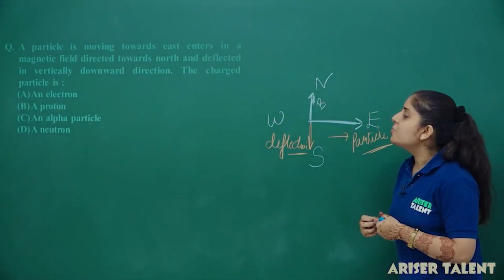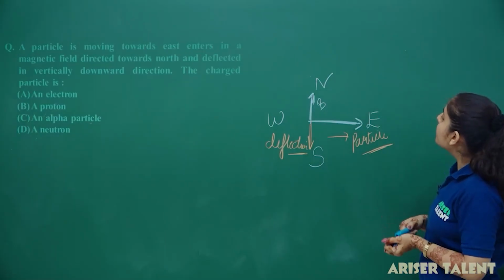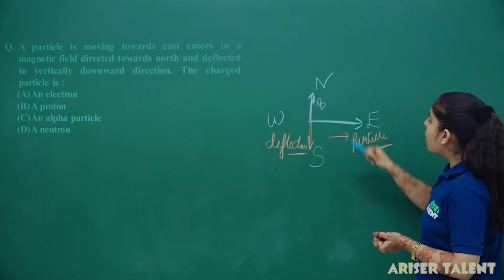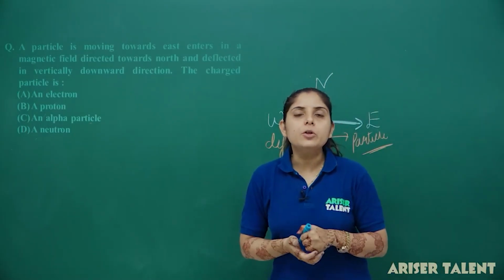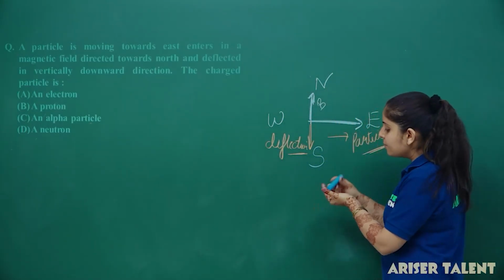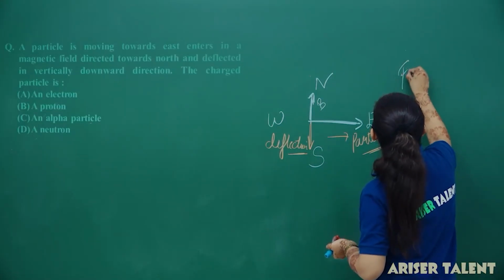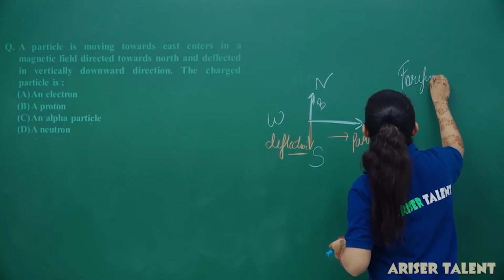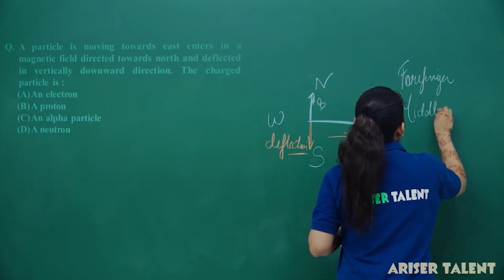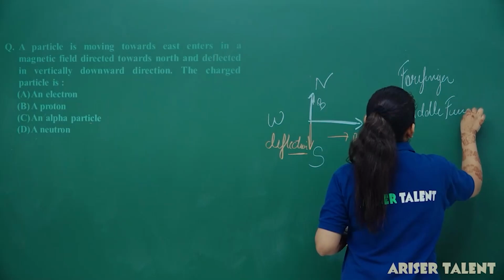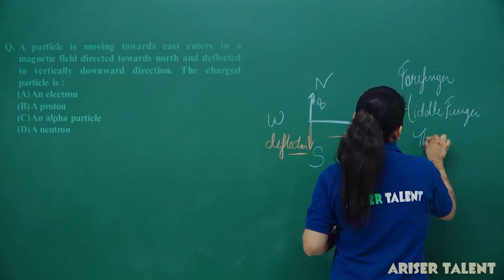So the charged particle will be, if you are assuming these directions, according to Fleming's left hand rule, we have forefinger, middle finger and thumb.